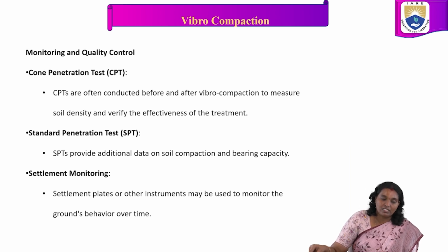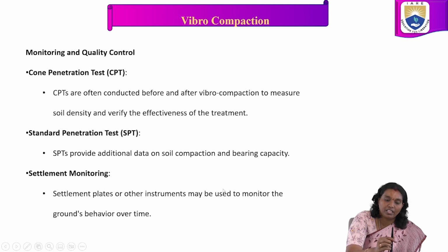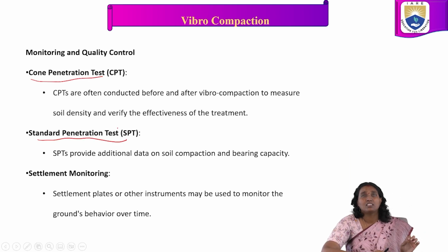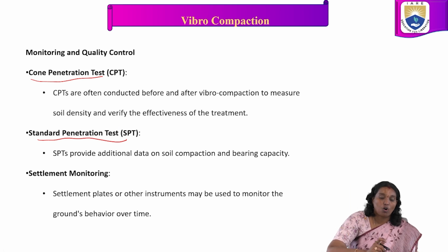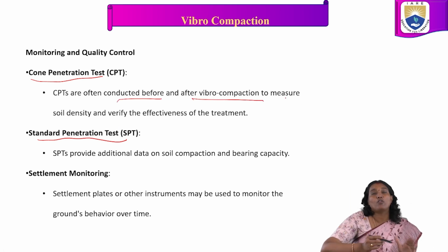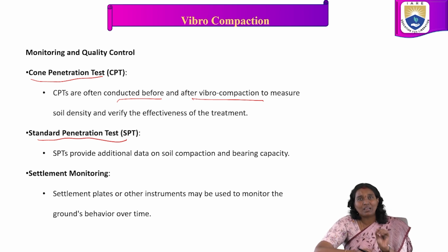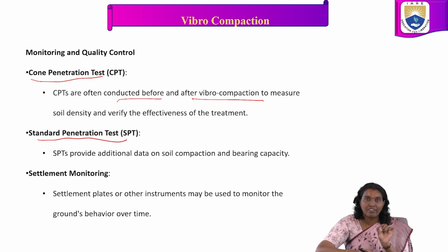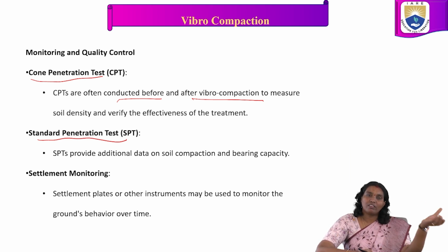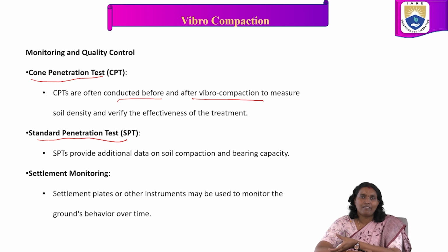We understand monitoring and quality control by using these two tests. The cone penetration test is often conducted before and after vibro compaction to measure soil density and verify the effectiveness of the treatment. So we have to test the soil before and after the vibro compaction.